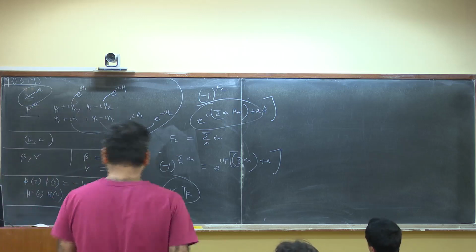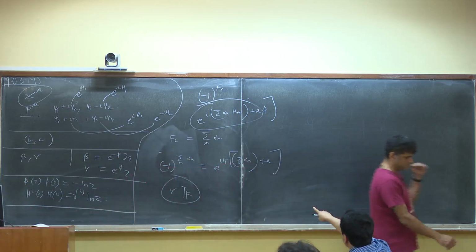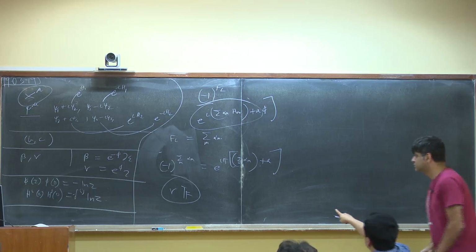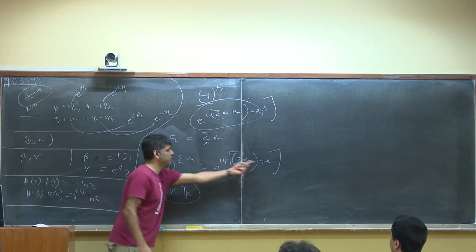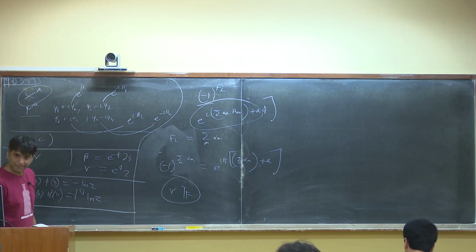I'm just confused about this. Is this an overall i pi outside, or over here? Here it's overall. Yes, it's just (-1) to the power this. Is this clear?